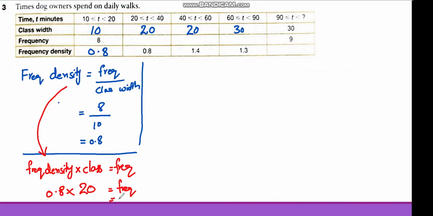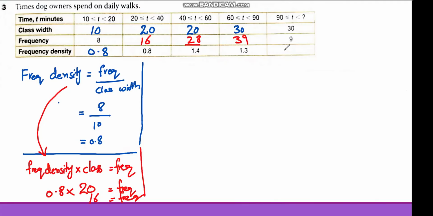So here we get 16, so we will mention 16 over here. Similarly, in the next one, we again have to multiply the class width and frequency density to get the frequency. Similarly, again in this unknown block, 20 times 1.4 is 28, which means the frequency is 28 over here. Again, we need to multiply 1.3 with 30, and that is 39.